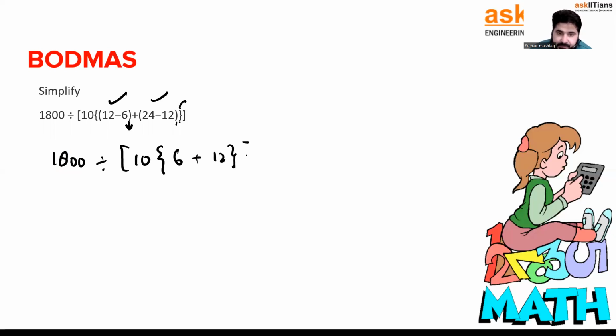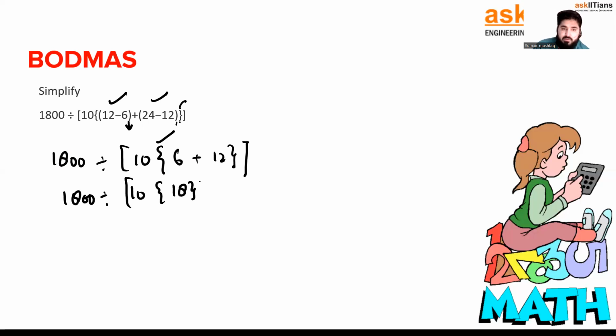Okay. Now, what's the next step? Now take these curved braces out. Okay. So this is 1800 divided by 10. Okay. And in the curved braces, this will be 18.